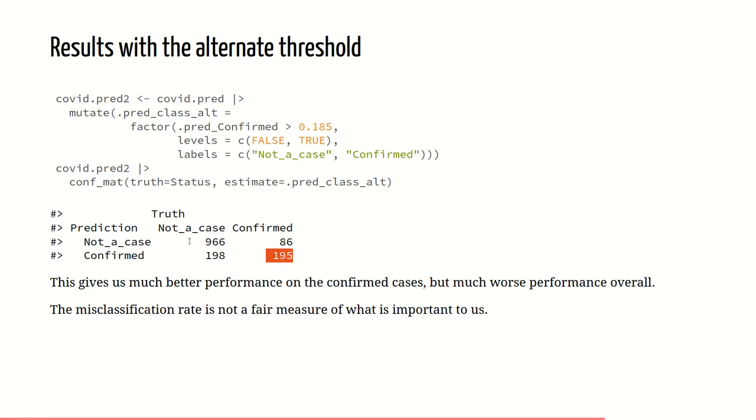As a consequence, we get more of the non-cases wrong. But of course, in a pandemic situation, this is the number we want to get right. Right? We want this number to be as big as we can without inconveniencing too many people. So there's a trade-off, right? We don't want to just take the threshold all the way to 0, so that we're saying if you've got any of these symptoms, you should be treated as a case.